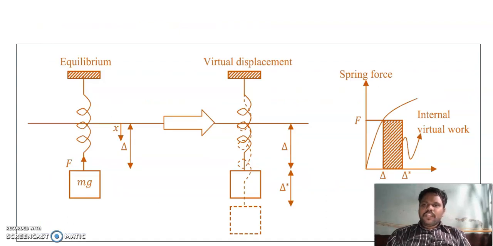Here is an example of a string attached to a mass m, displaced by a distance x. Then the position of the mass gets displaced from position 1 to position 2.